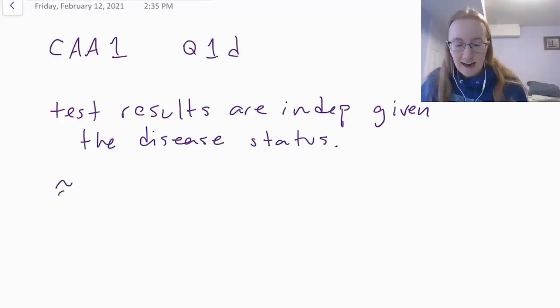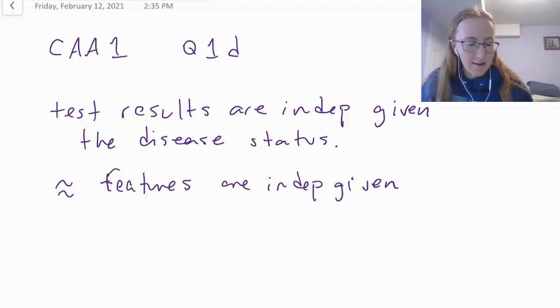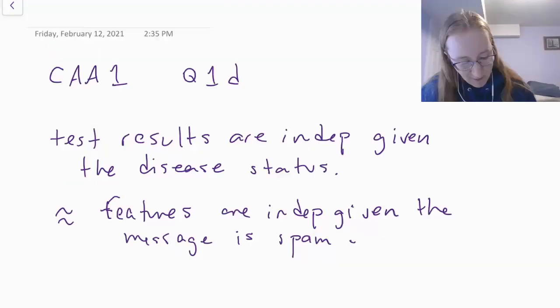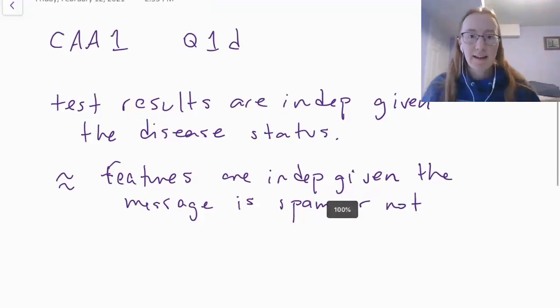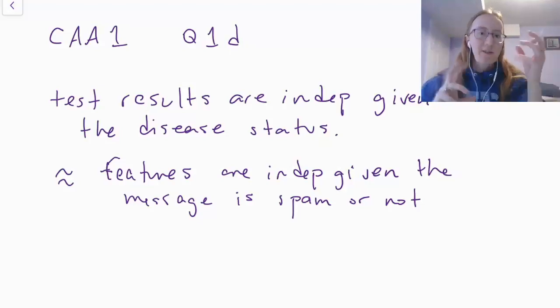So it's the same idea as features of suspicious emails are independent given the message is spam or not spam. So it's the same thing that we're assuming, right? Basically the idea of conditional independence. So given something, these two things are independent.